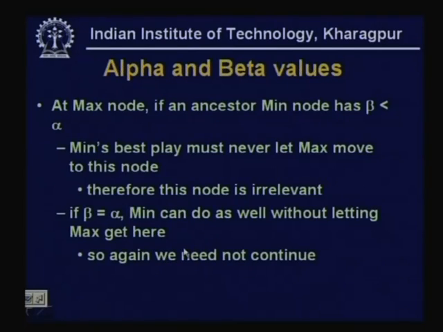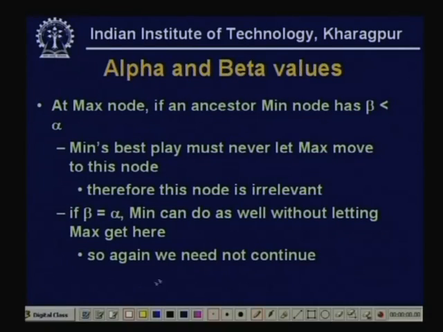More generally speaking, at max nodes, suppose we have a max node, right? If there is an ancestor min node whose beta is less than alpha, then this node is irrelevant. So, the ancestor need not be the exact predecessor, it could be some other ancestor.